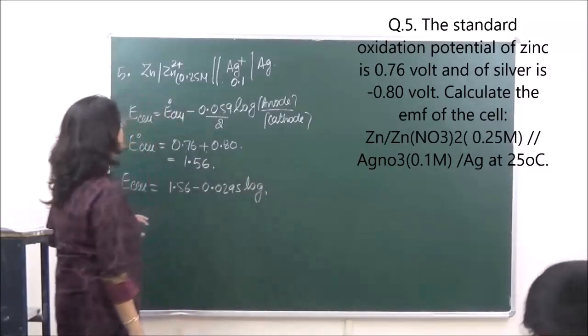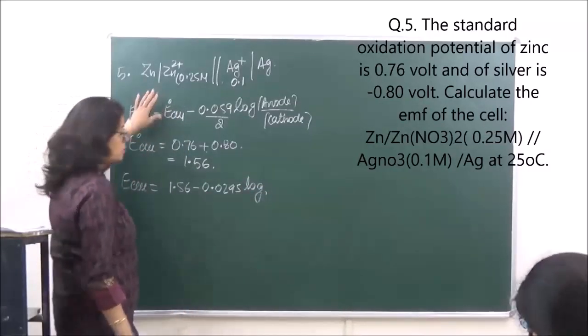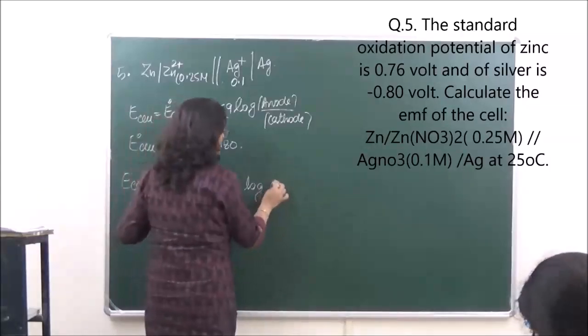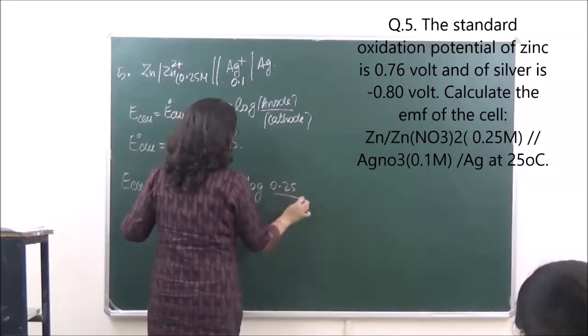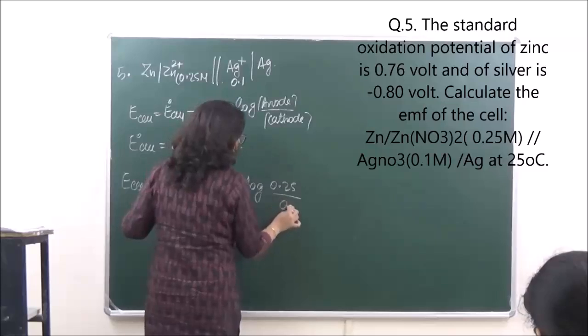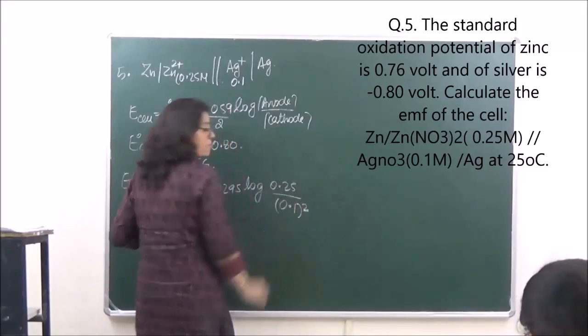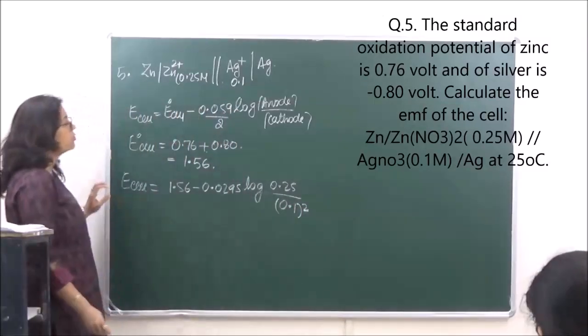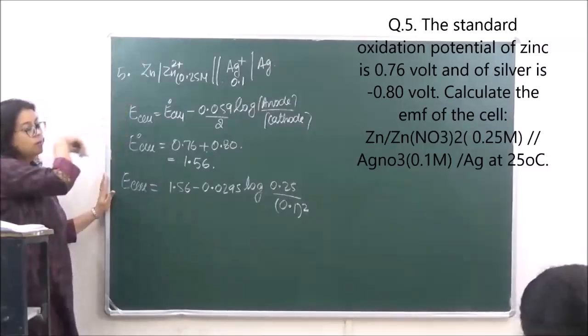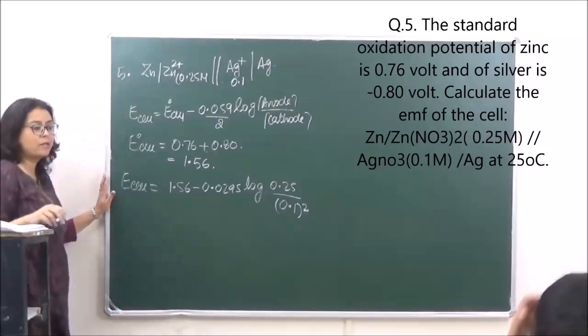Anode over here is going to be zinc. So concentration of 0.25 upon 0.1 का square we have to take over here in order to balance the number of electrons.